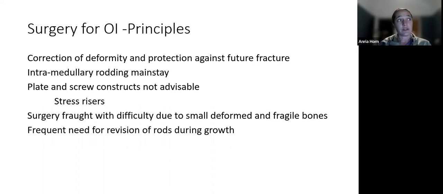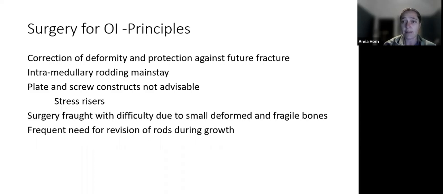And then the principles of surgery for OI are correction of deformity and protection against future fractures. So intramedullary rodding is the mainstay of treatment. Plate and screw constructs are not advisable. They cause stress risers, and these patients will just fracture or deform distal to the implant. And surgery is difficult because it's small, deformed, fragile bones. You can't hold them with bone holders.